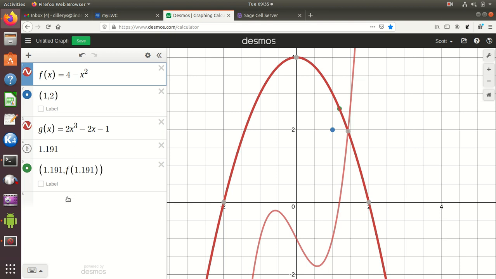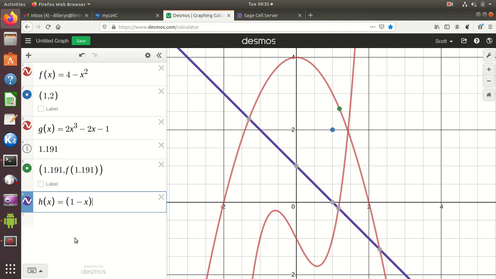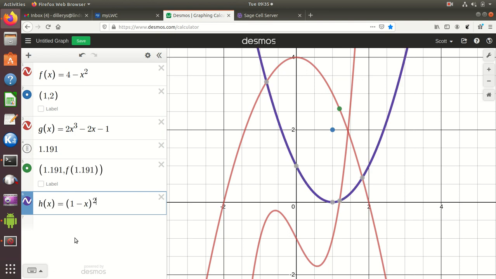Now I can do some fancy stuff here in Desmos. I can say, well, let's take h of x equal, and I'm going to set it to be our distance squared function. So x was 1, and then minus x, quantity squared, and then plus f of x, right?